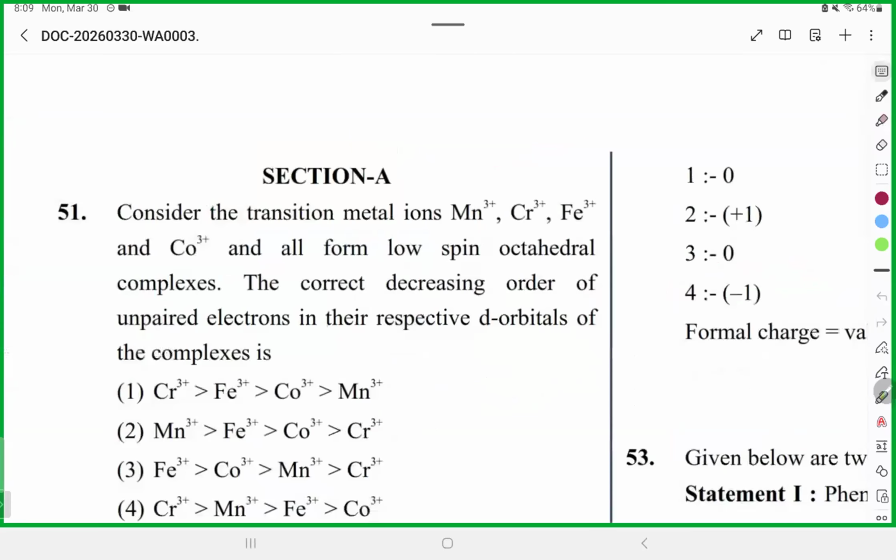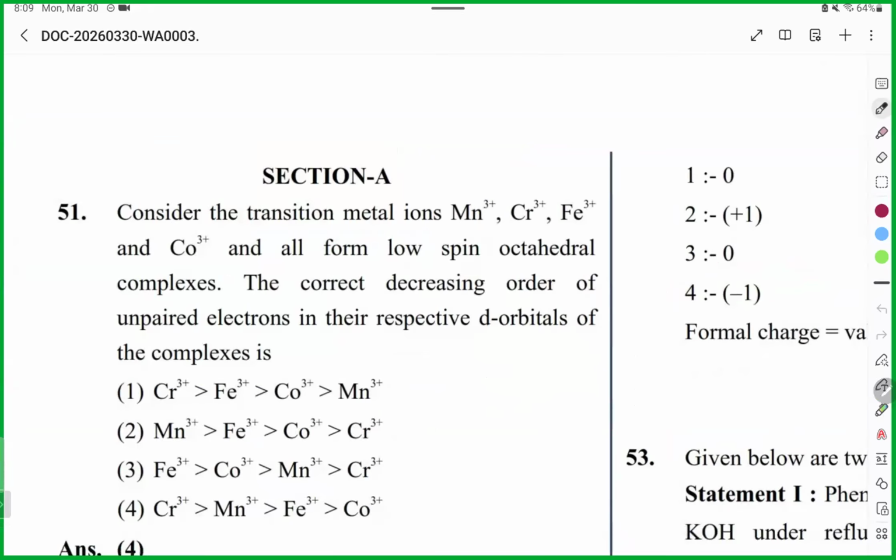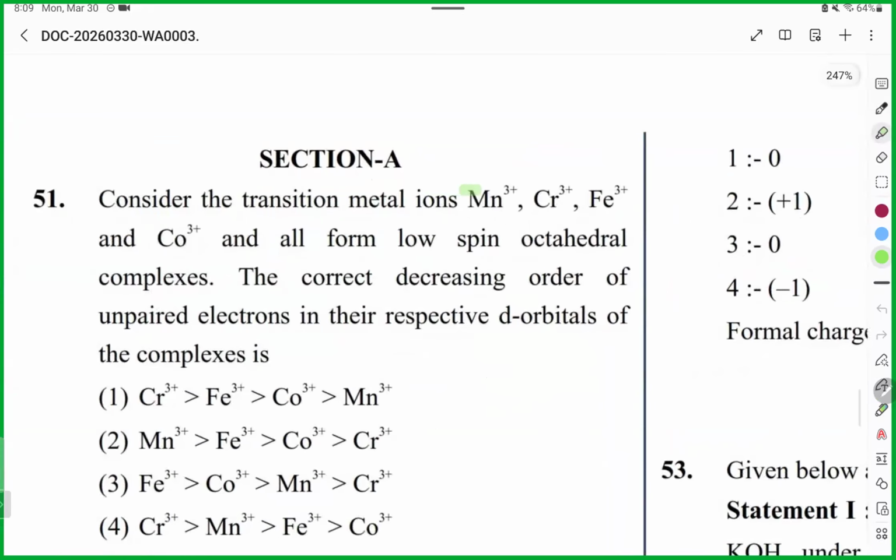Solve this question. Consider the transition elements.